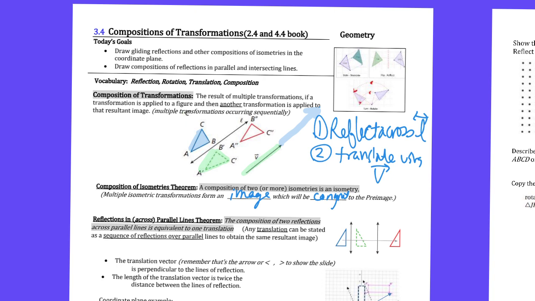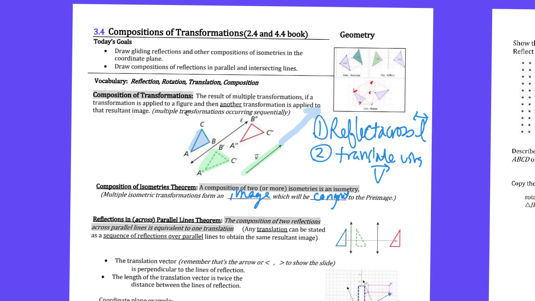And then guess what? If I had slid it, you would get the same result. How could I get the same result doing two different things? We're going to talk about two different instances where you can do it one way or the other, and either way you get the same result, and talk about what we notice.